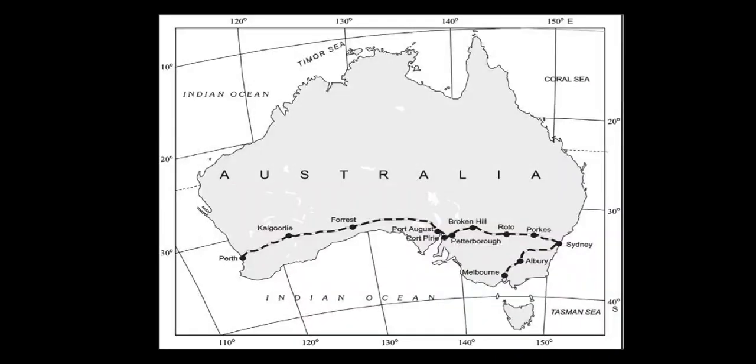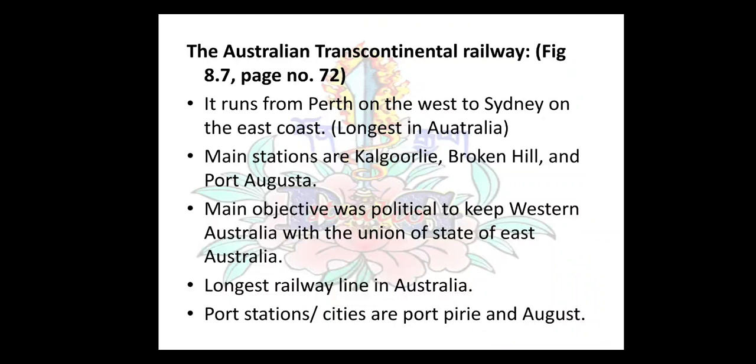Perth, at the west coast, and Sydney, at the east, are the two terminal or end stations of this railway line. In between, this railway line passes through cities such as Calgary, Broken Hill, and Port Augusta. Port Augusta is a seaport in Australia.